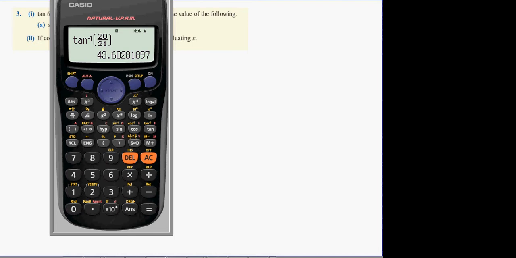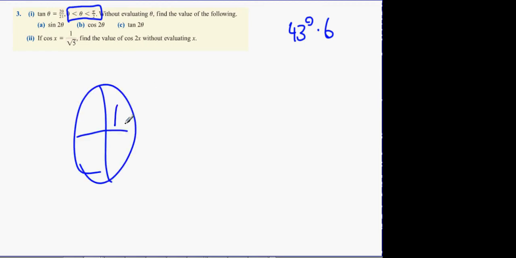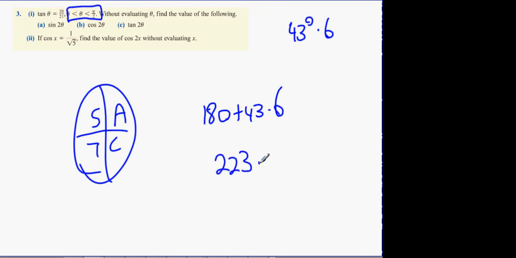It's 43.6 degrees. What it's asking me to do there, by saying that theta is in between 0 and 90, it's asking me to discount the third quadrant. So if it was the third quadrant, it'll be 180 plus 43.6, which will give me 223.6.